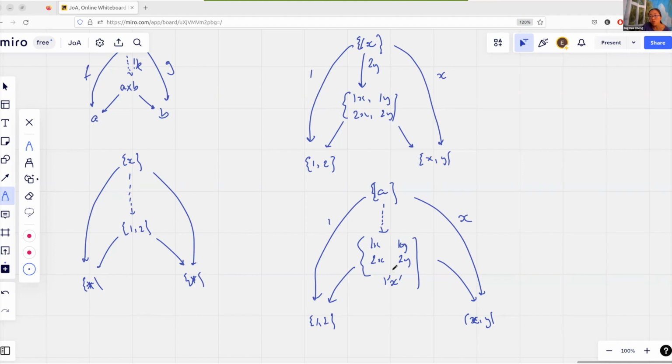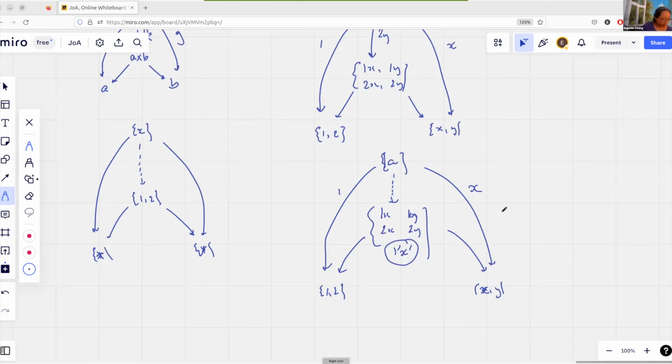But I've got this rogue extra copy of 1x. So I could now also send it to 1 primed x primed, and it will still make both sides commute. And so this rogue extra thing is making the product too big, so it's not a product anymore, which gives us somewhere extra we could make a factorization so that both sides commute. Okay, I hope that makes some sense.